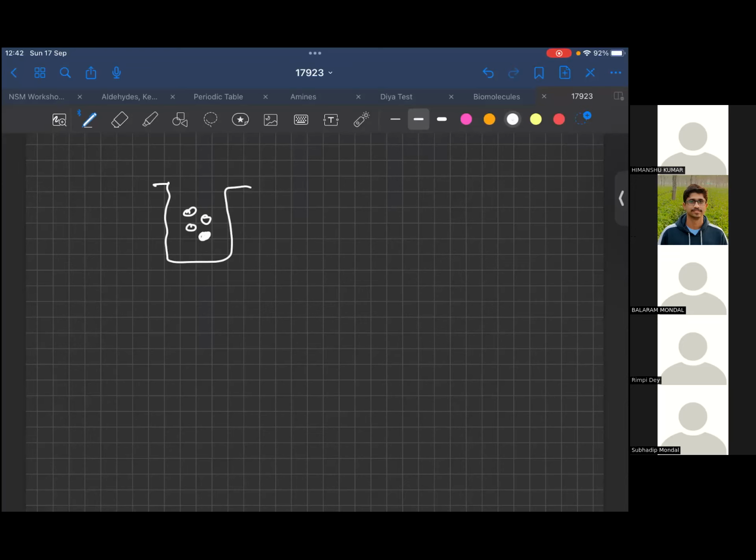Then we know that the motion of this molecule is going to get influenced by its surrounding molecules. So the effect of the surrounding molecules on the particle of our interest is actually given by two forces.